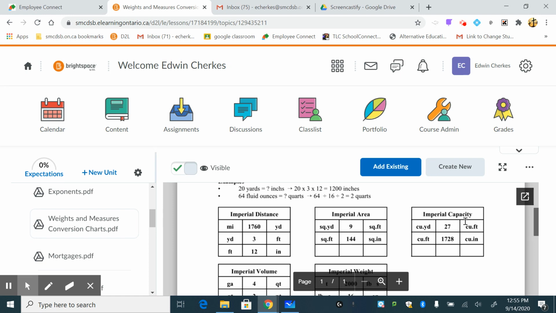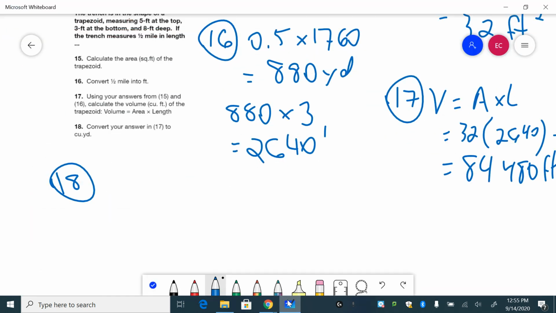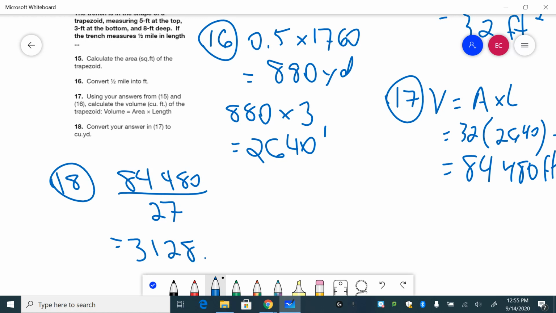So we're going to the left. So divide by 27. So we've got 3,128.8 repeating. So it's just 8888. So I'm just going to write 9 and that's cubic yards.